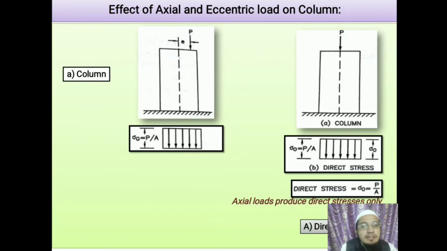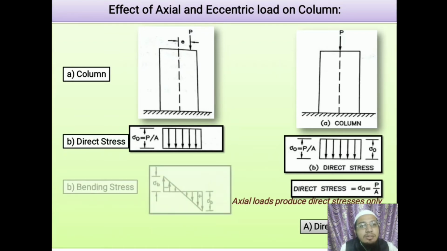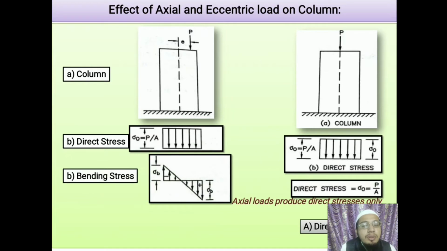Along with the direct stress it will also be subjected to bending stress. This bending stress is due to the bending moment produced by the eccentricity of the load. In this case, moment equals force multiplied by eccentricity, and due to this bending moment, bending stresses will be produced in the column.